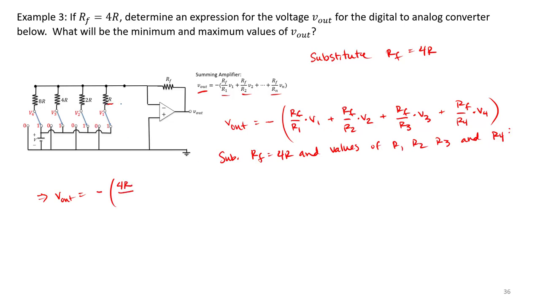V1's resistance is just going to be our resistor R. Then our next voltage, we have, again, our numerator becomes 4R. Denominator, RF divided by R2. Well, R2 is 2R. Then we have 4R over resistor R3, which is also 4R. And then finally we have 4R divided by 8R times V4.